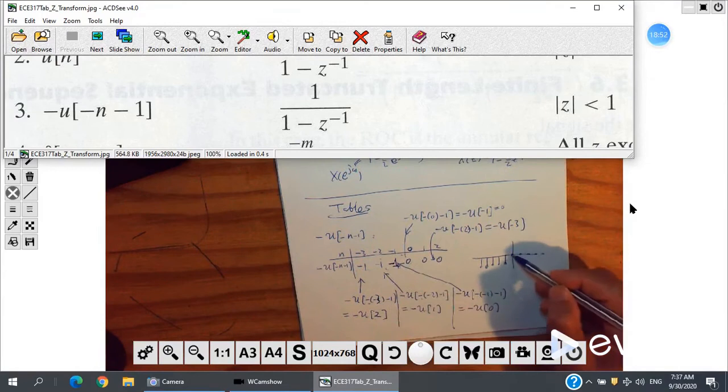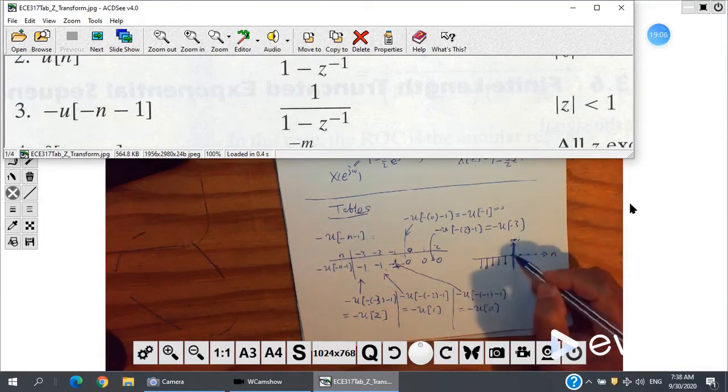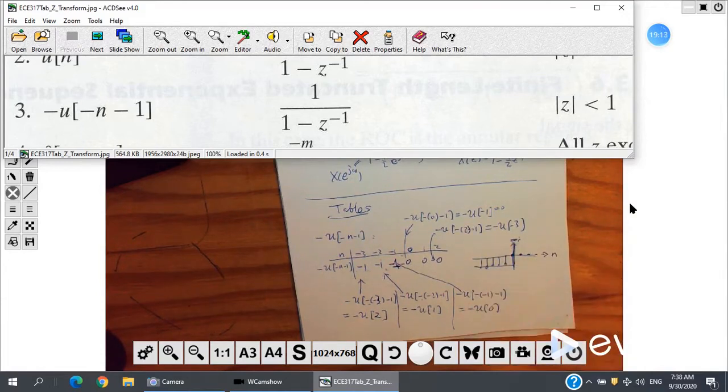When n is 0, it is 0. This is n, the x-axis, and when n is 0 it is 0, and all the rest are 0. So it looks like this.